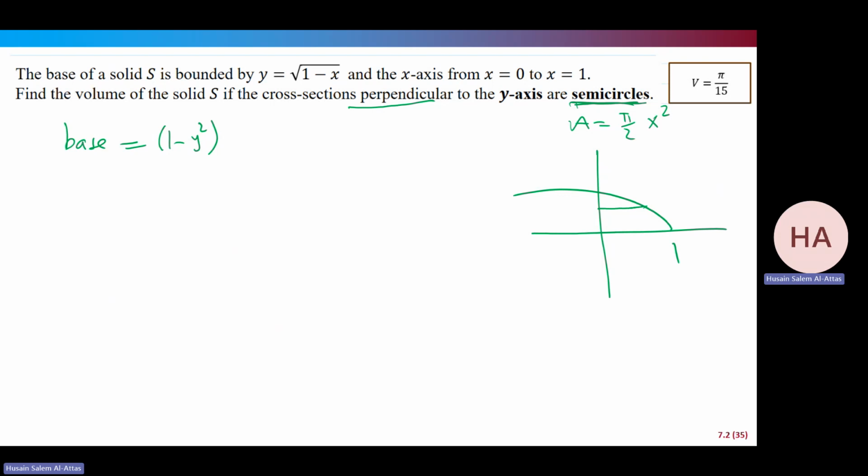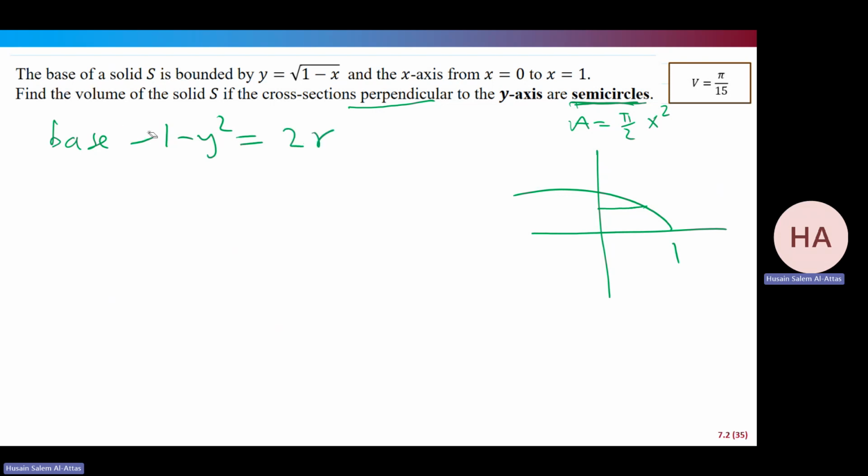It's my circle, so this is 2r. No, this is not the base, because I'm doing this for my circles. This 1 minus y squared is 2 times the radius.